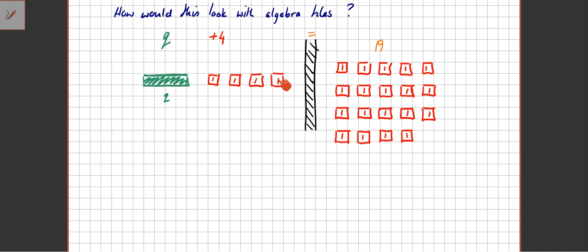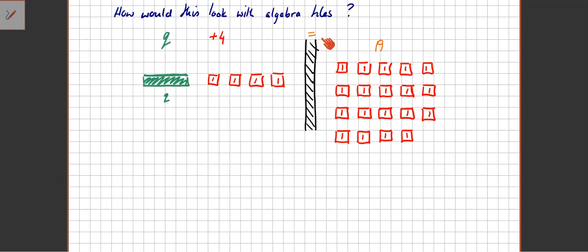On the other side of the equals, it's got 19 ones. So basically, I know that this side and this side are equal. They're the same thing.